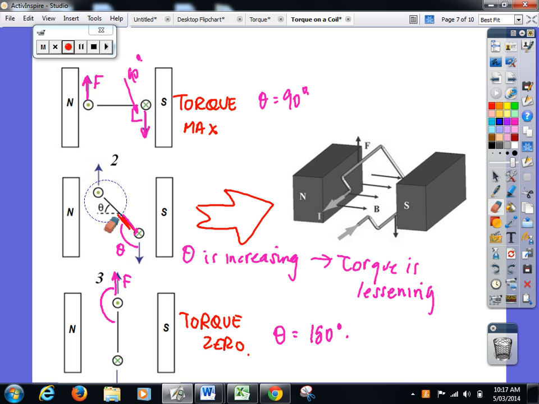So let's rub that out there. And you'll see that if we measure the angle, there is the coil going along there, and we measure the coil's tilt towards the field as theta, that might be an easier angle to measure, rather than this angle up here.